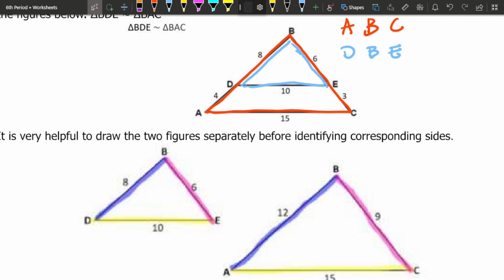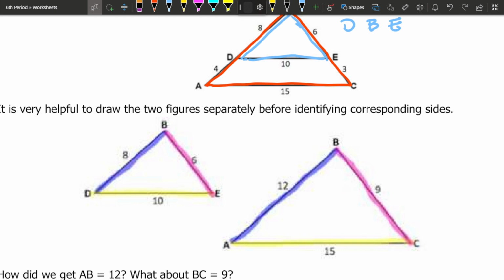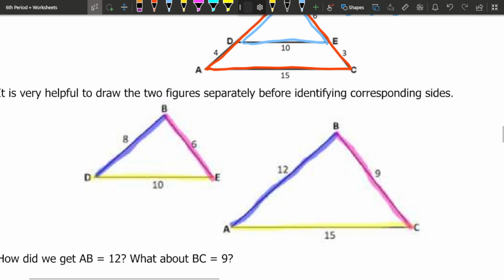Make sense? Yes? How do you get the 9? From B to C, 6 plus 3, you get 9. Any questions on that? Carmelo, you good? All right. So let's keep working on this. 15 is already there. 10 is already there, right? All right. So they color-coded this for us.